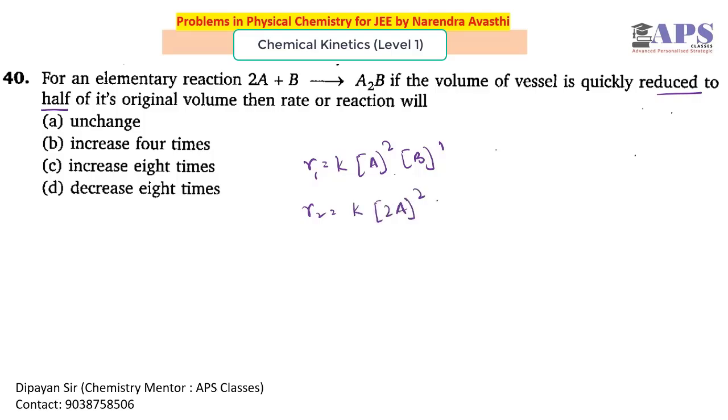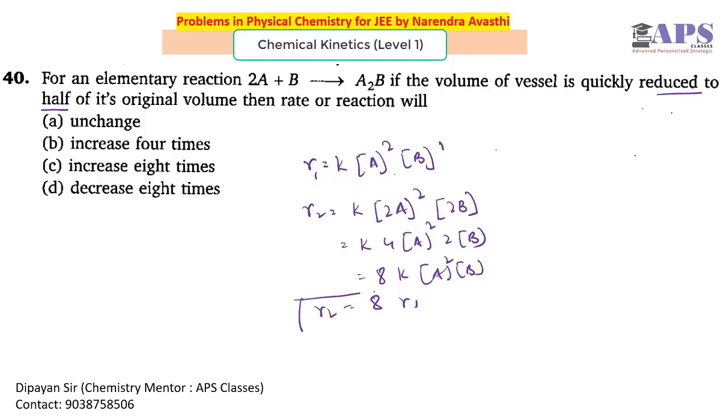So it will become 2A, it will become 2B. So 4 into A square, 2 into B, or 8 into K into A square into B. So 8 R1. So the final rate will become 8 times. So it increases by 8 times.